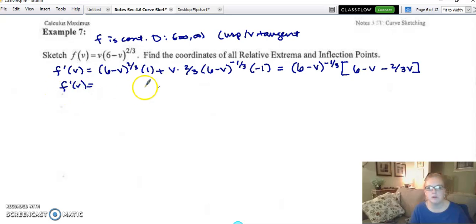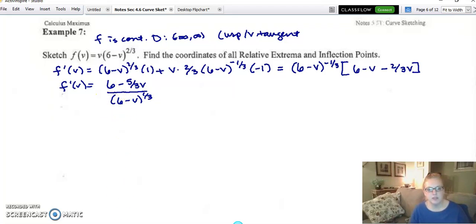I don't really need to write that, but I'm going to. This would be 3/3, so minus 5/3 v plus 6. I was going to go ahead and make that into a single fraction. Let's back that up for a second. So 6 minus 5/3 v over, I'm going to move that to the bottom, (6 minus v) to the 1/3.